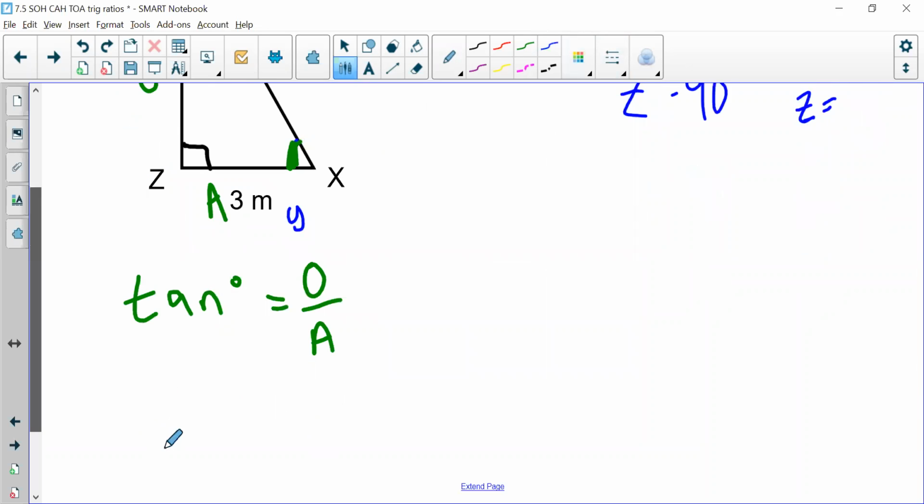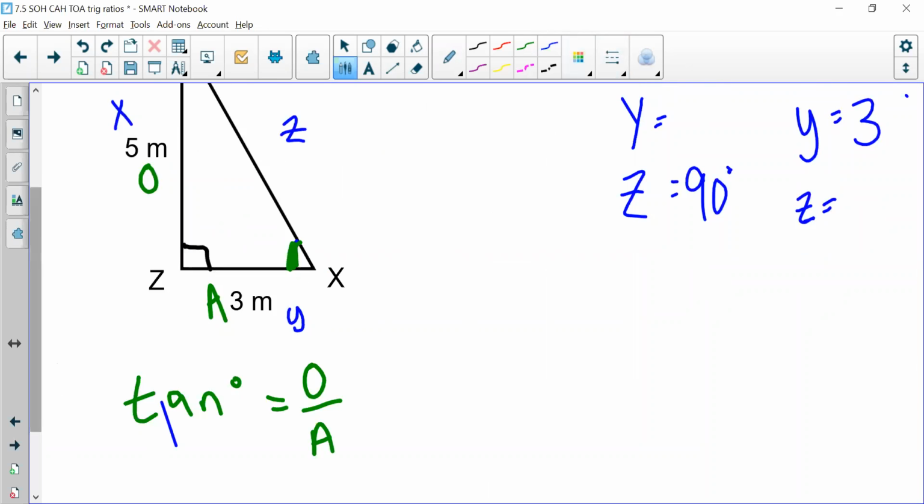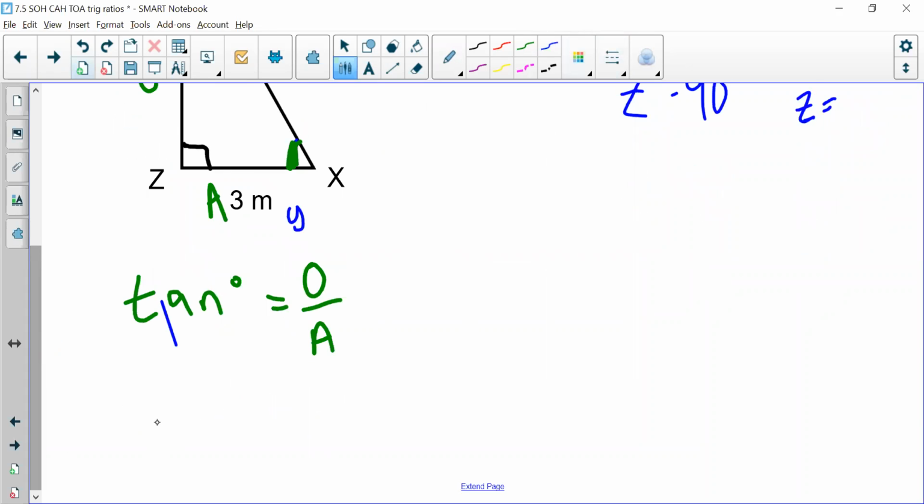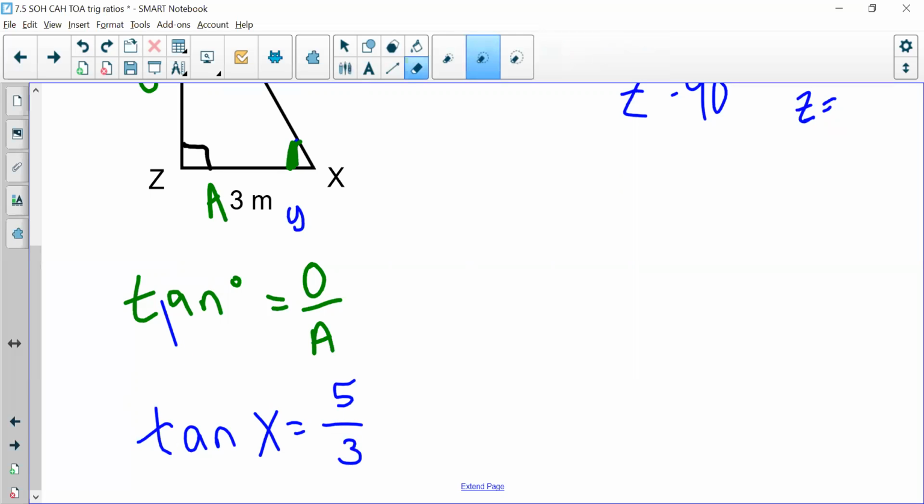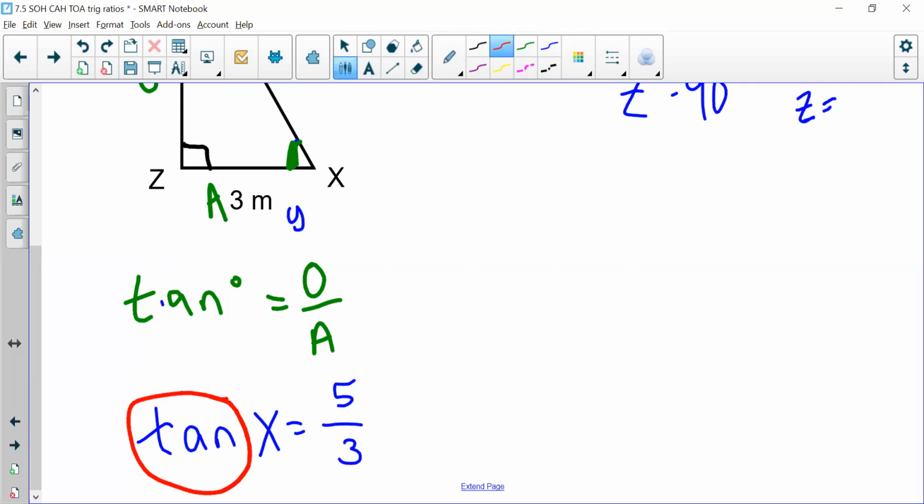So tan X equals 5 over 3. Okay, how do I get the tan off of my X? How do I find angle X?